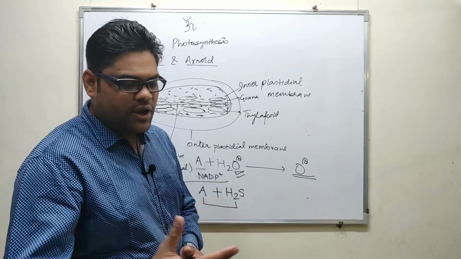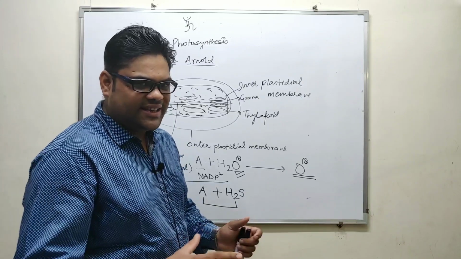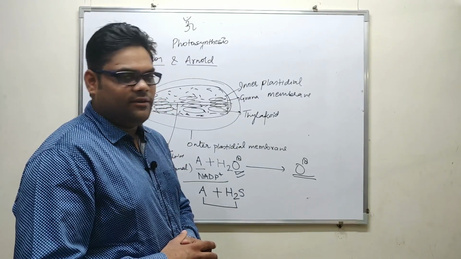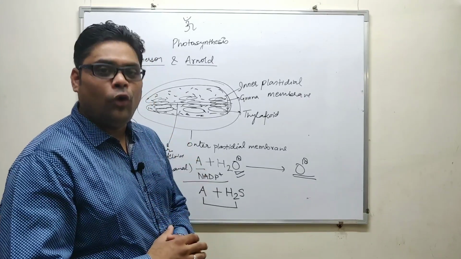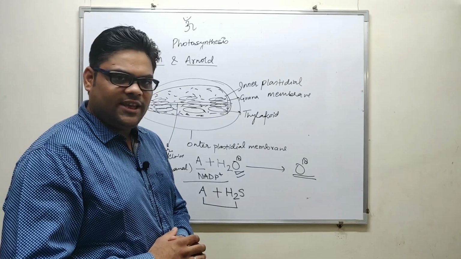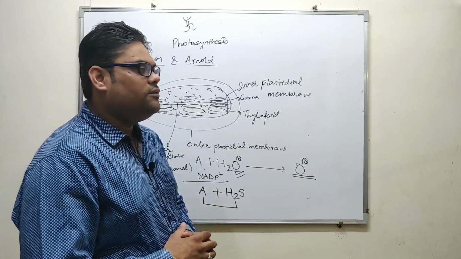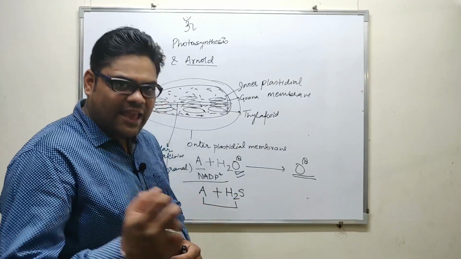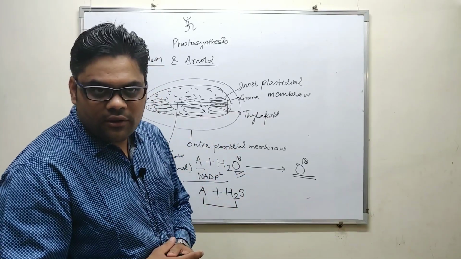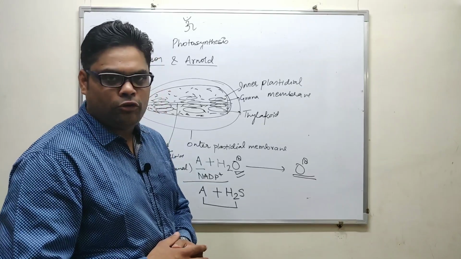In the presence of all these extracts, if we add water along with it, the water will be oxidized in the presence of sunlight, and this hydrogen will be taken by all these proton acceptors, these hydrogen acceptors.